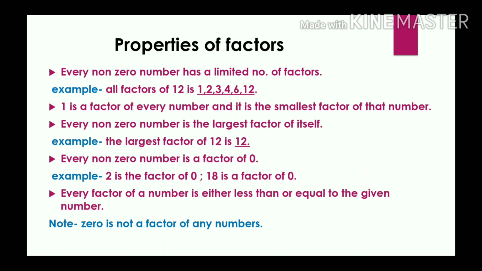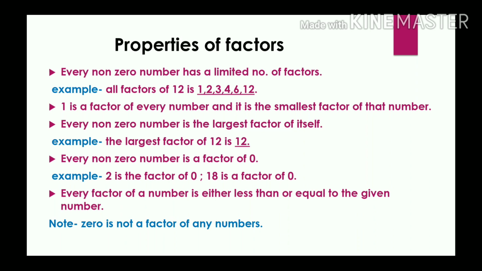Second, 1 is a factor of every number and it is the smallest factor of that number. Third, every non-zero number is the largest factor of itself. For example, the largest factor of 12 is 12. You can see this in the first property.